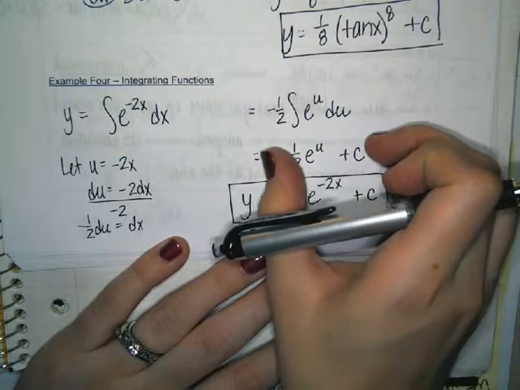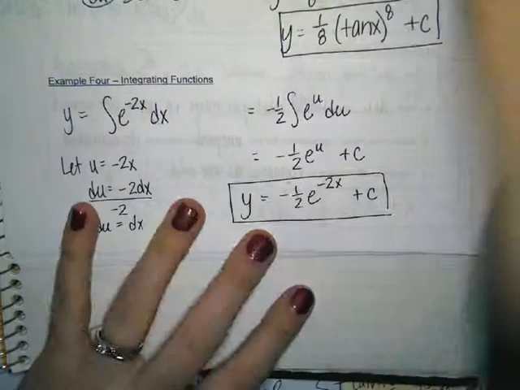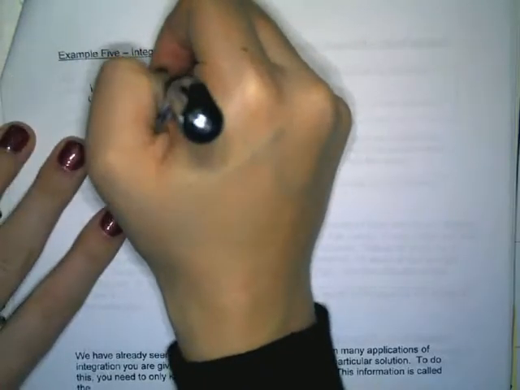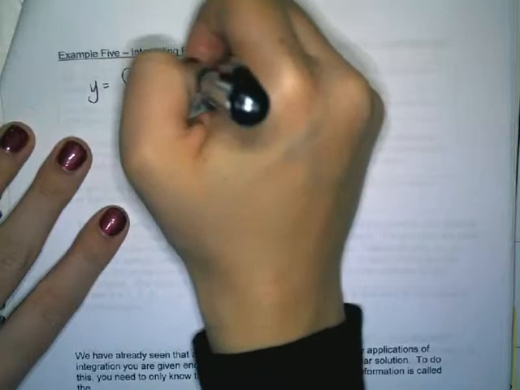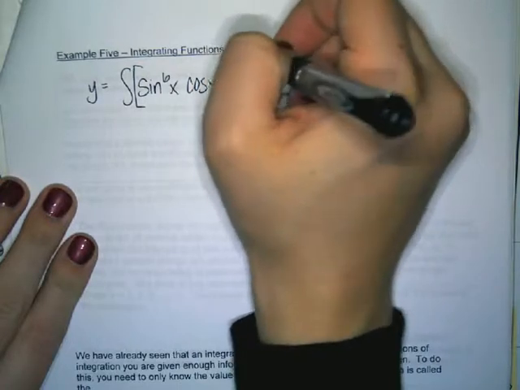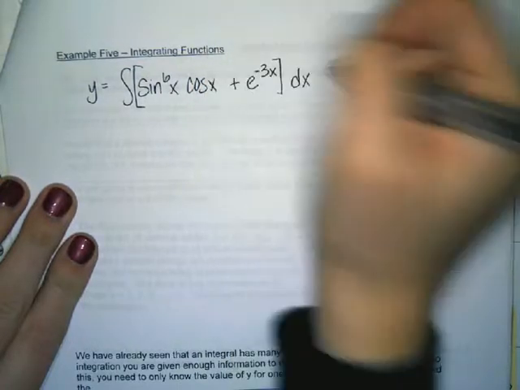And we're going to look at this function here. Y equals the integral of sine to the 6x times cosine x, and this is all grouped together here, plus e to the negative 3x dx. Okay, so this is another situation where we can integrate this by hand using u substitution, but we're going to break it up into 2 separate ones and then work them both separately.